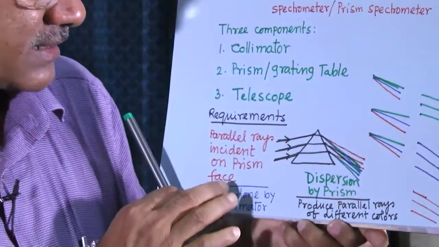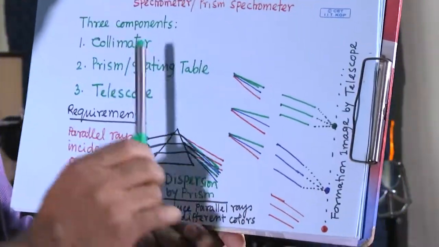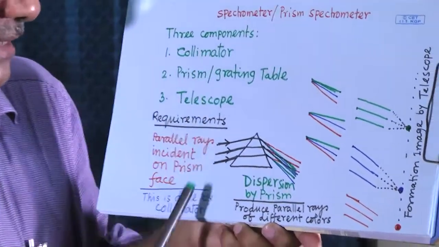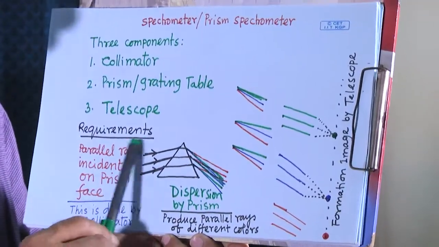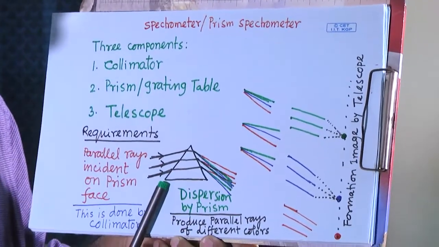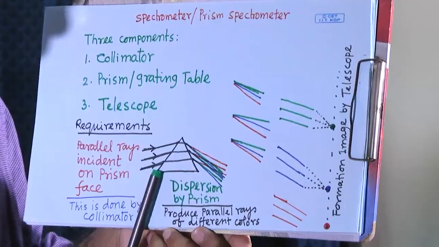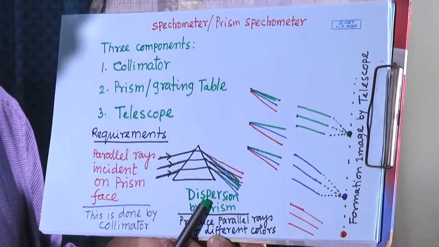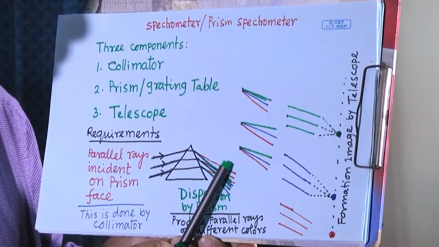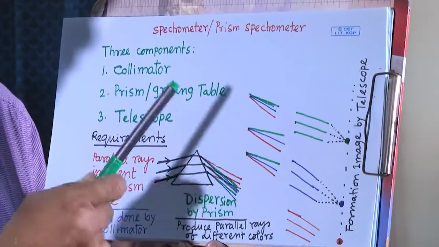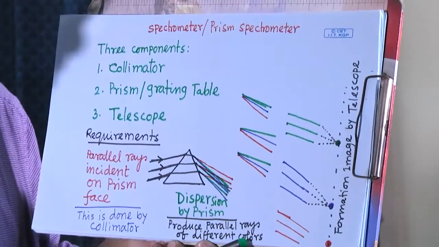So, these are the three parts: the collimator, which produces the parallel rays that will be incident on the prism. That is the requirement of the experiment. On the other side, after the dispersion, you will get sets of parallel rays of different colors.